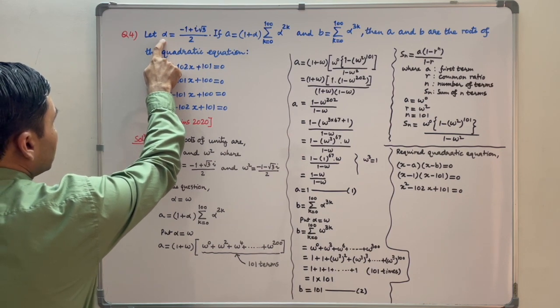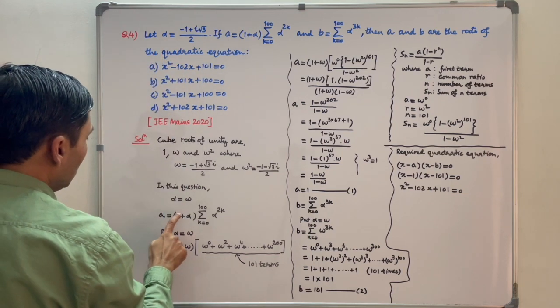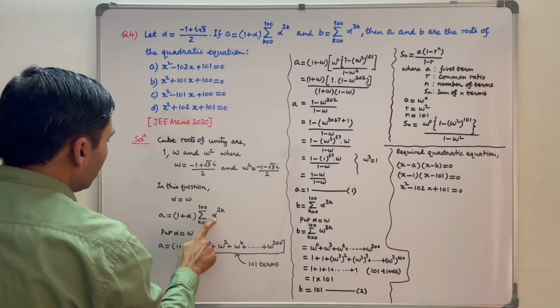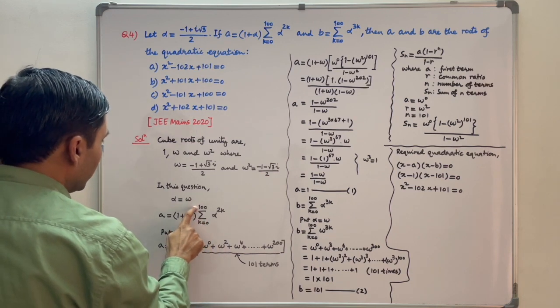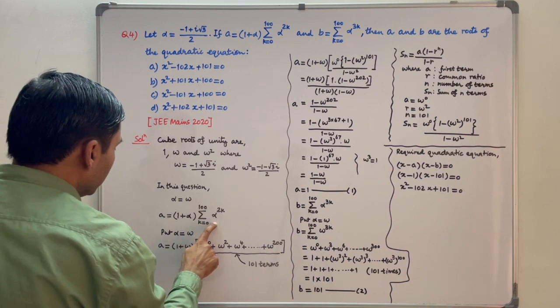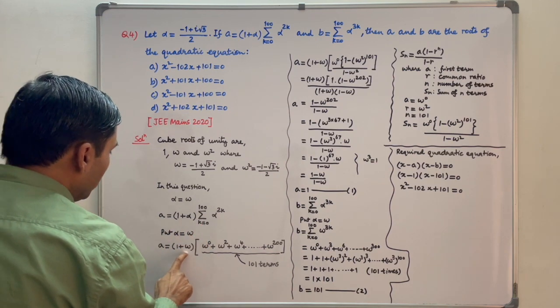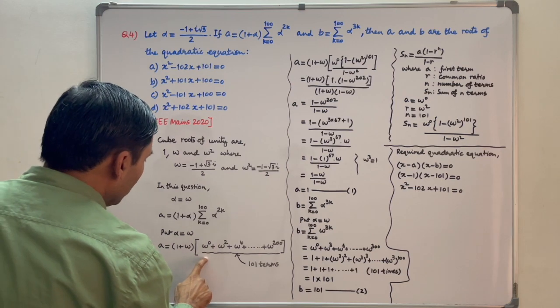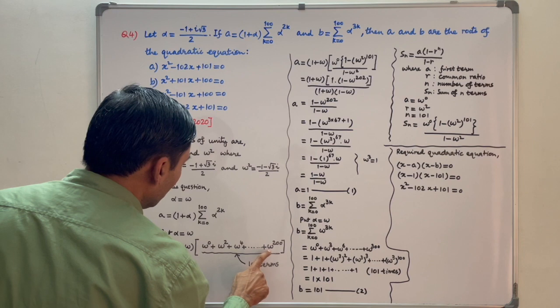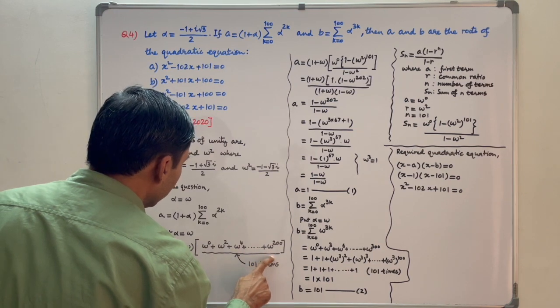So let us start. Given a is equal to (1 plus alpha) into summation of alpha to power 2k from k is equal to 0 to 100. Replace alpha by omega and expand the series. So a is equal to (1 plus omega) into (omega to power 0 plus omega square plus omega to power 4 plus and so on up to omega to power 200).